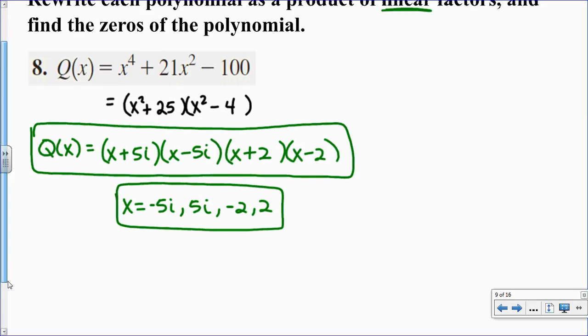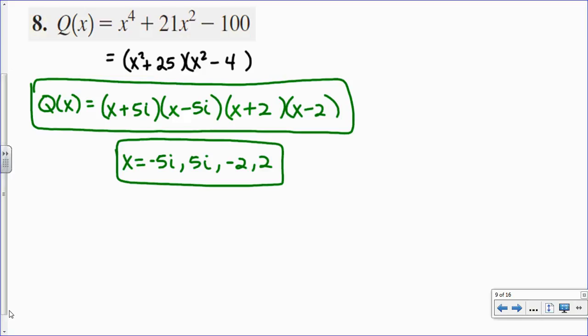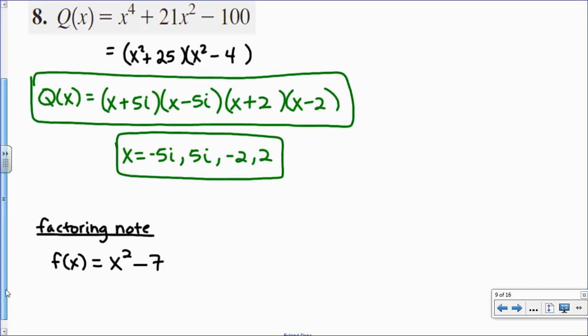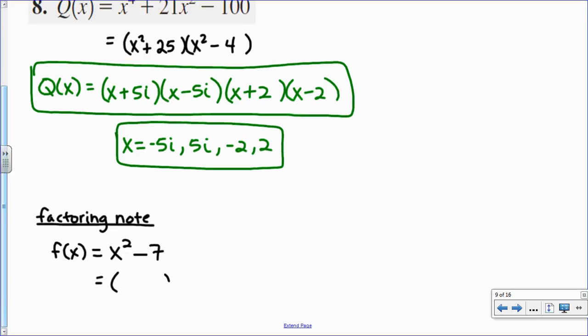I want to add just a little factoring note. Okay, so you can factor other things like difference of squares even if you don't have perfect squares. So let's say you have this. 7 is not a perfect square, but you can still factor it.